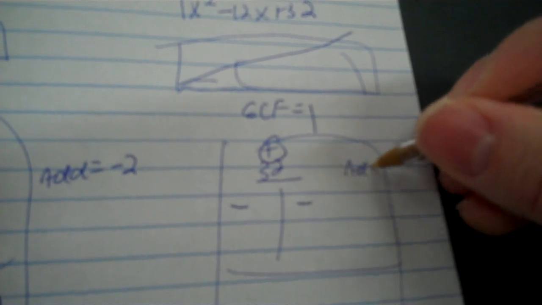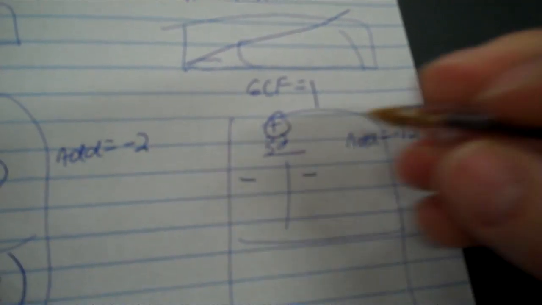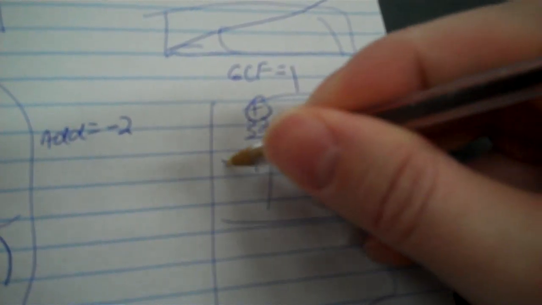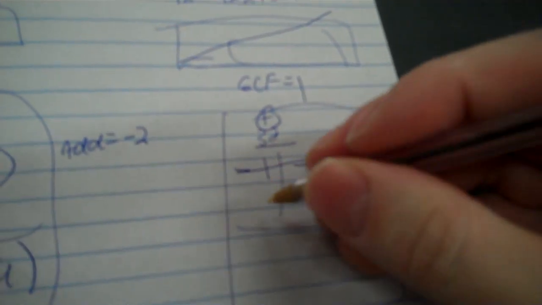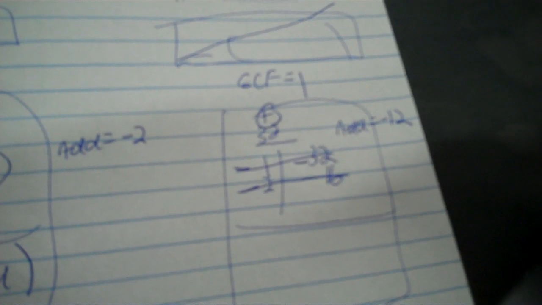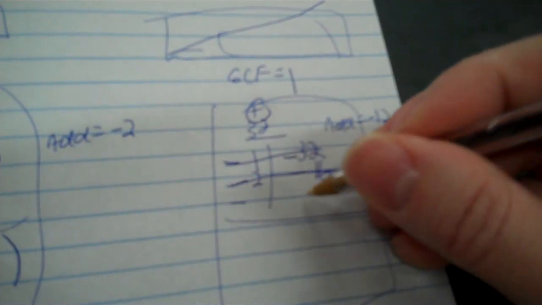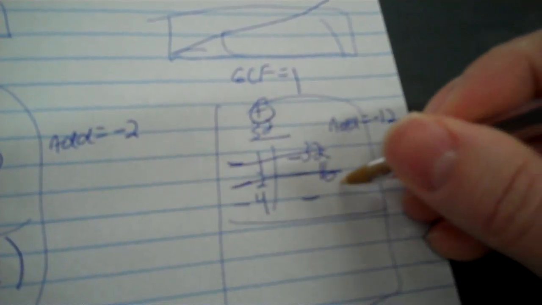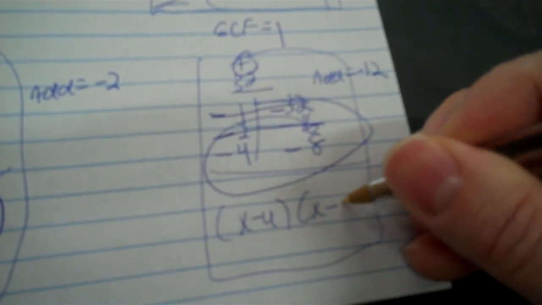And we're adding to try to get to negative 12. 32 divided by 1 is 32. That wouldn't be negative 12. 32 divided by 2 is 16. Nope. 32 divided by 3 is a decimal. 32 divided by 4 is 8. So we add those, and there we go. Okay, A is 1, so you can get rid of the 1, and you can just go x minus 4, x minus 8.